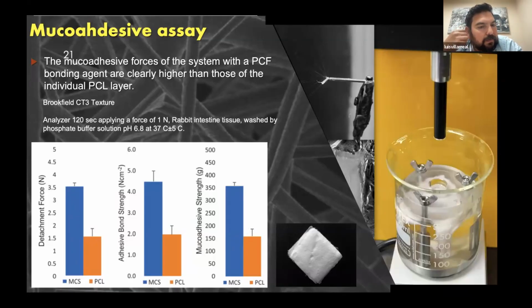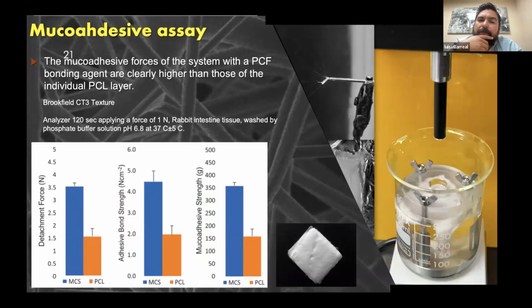For example, this mucoadhesive strength is a little bit lower than what we are looking for.